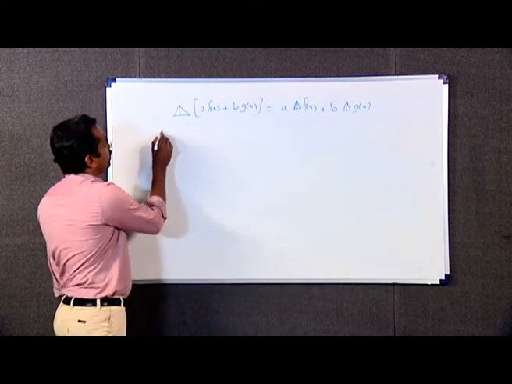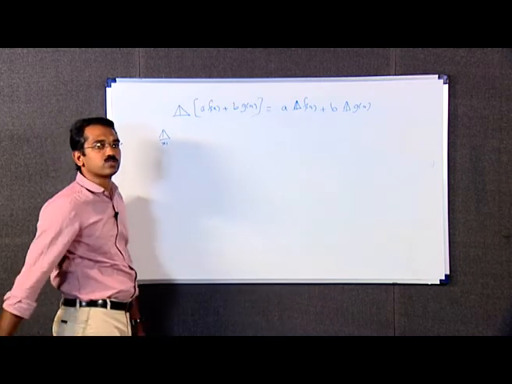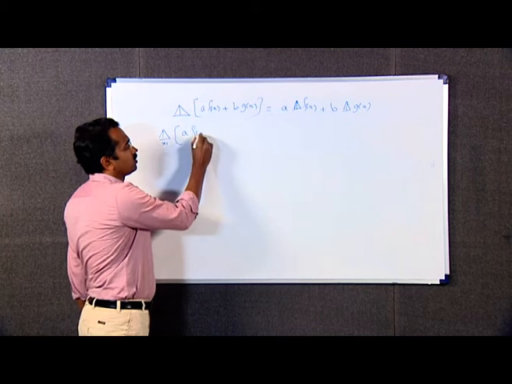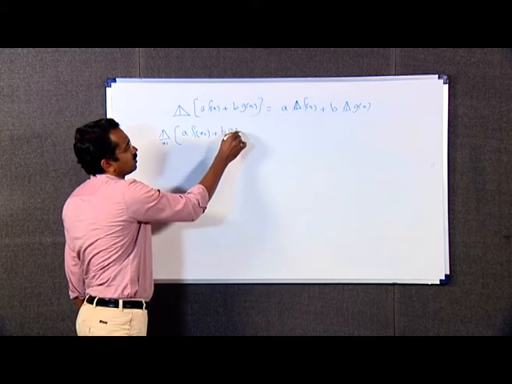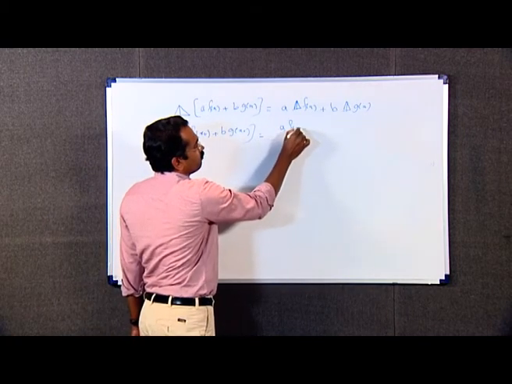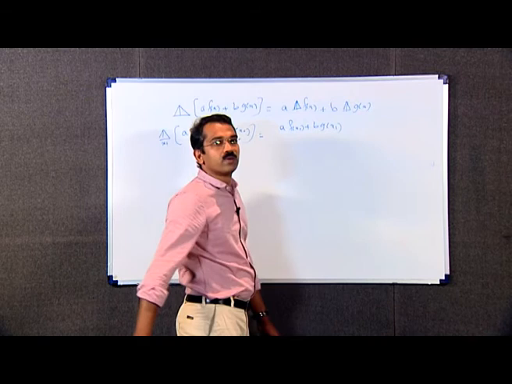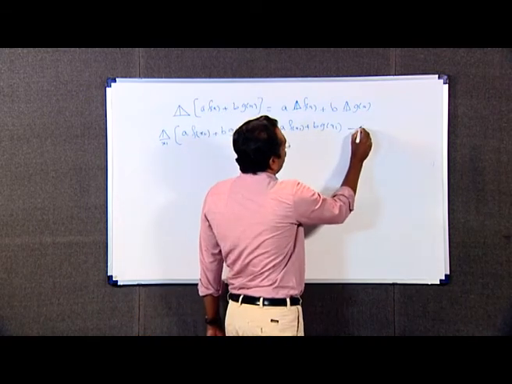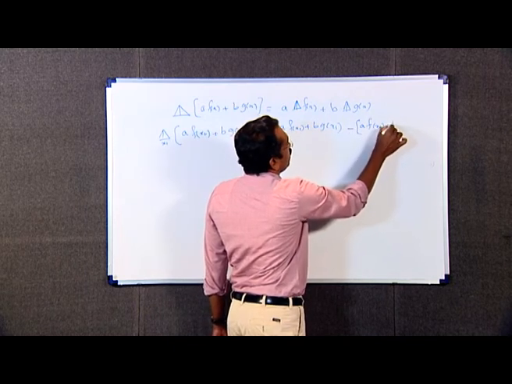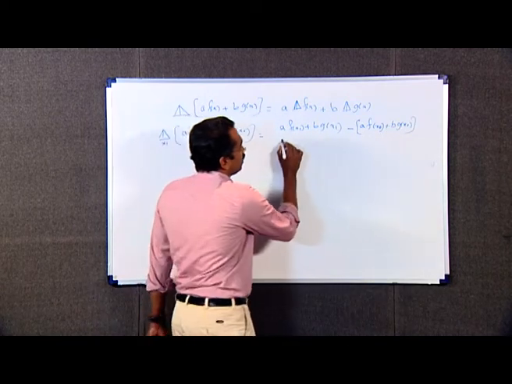By definition, the divided difference of a f of x0 plus b g of x0 is equal to a f of x1 plus b g of x1 minus a f of x0 plus b g of x0, all divided by x1 minus x0.